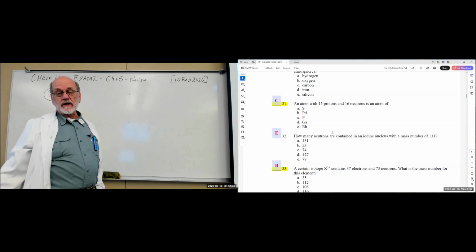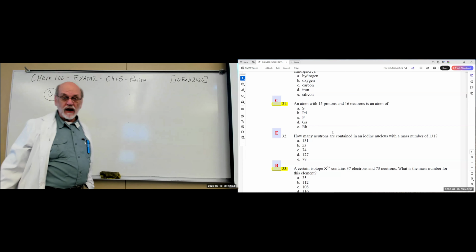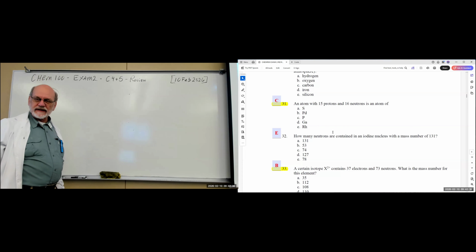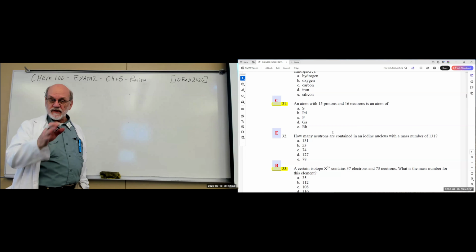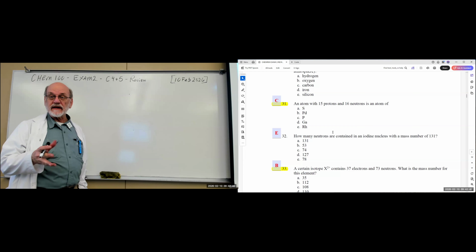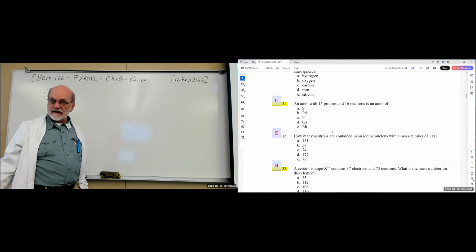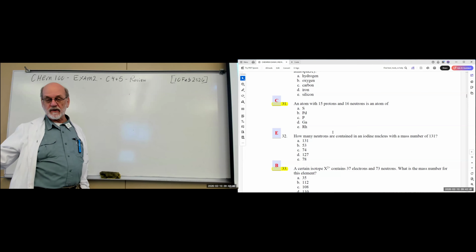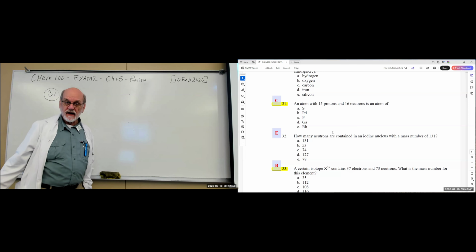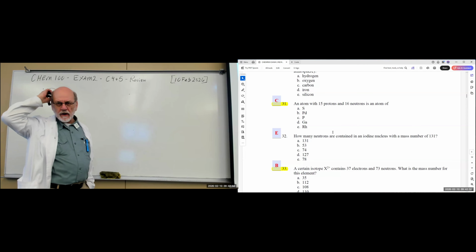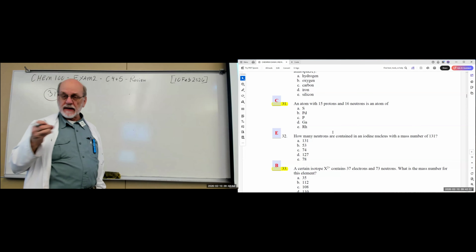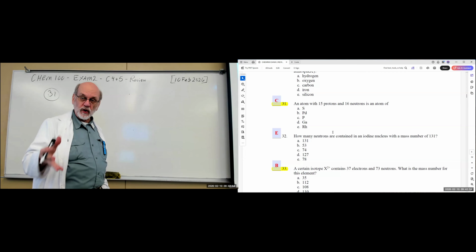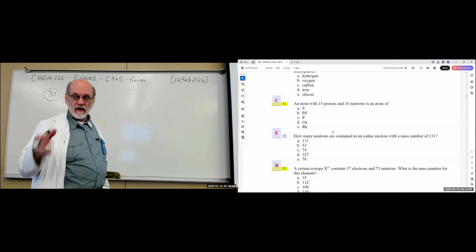An atom with 15 protons and 16 neutrons is an atom of. What do we need to do to determine the element? All we need is the protons. It didn't ask us about isotopes or about mass number. It just said what element it is. So this is a case demonstrating that word problems are meant to confuse.